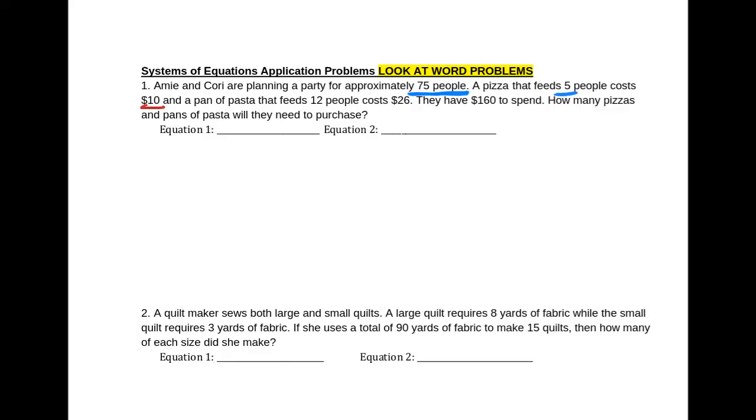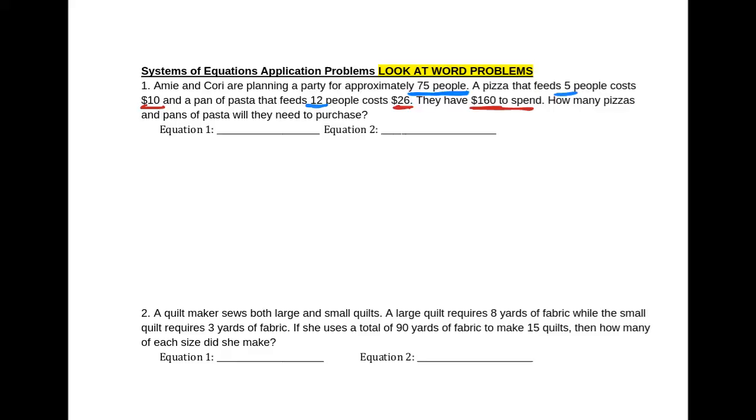A pan of pasta feeds 12 people and costs $26. They have $160 to spend. How many pizzas and pans of pasta will they need to purchase?